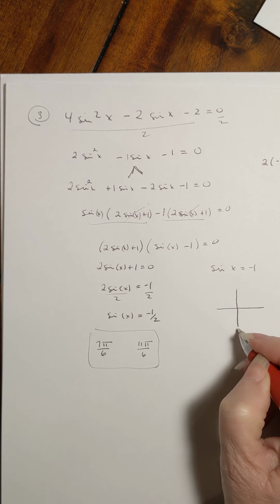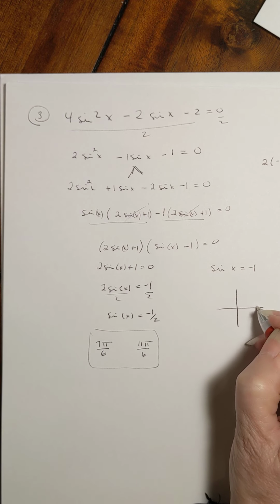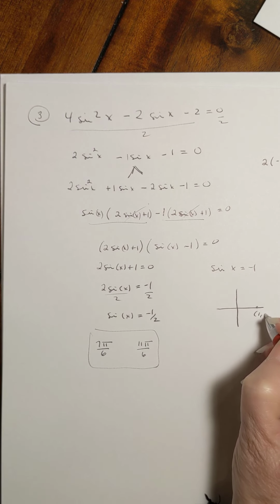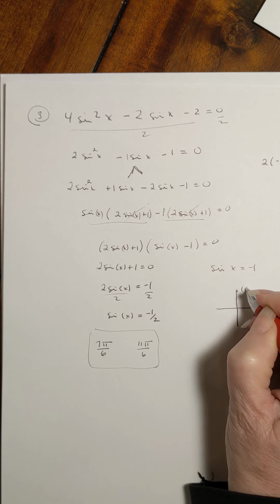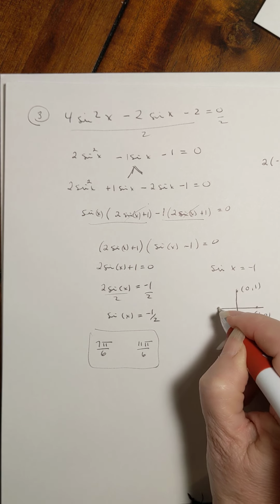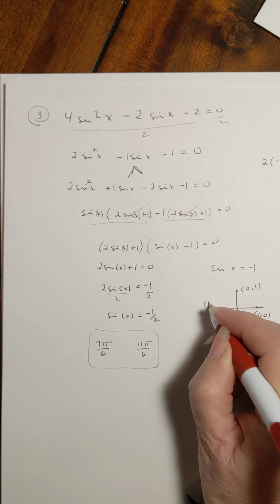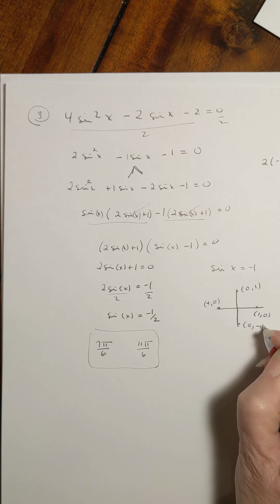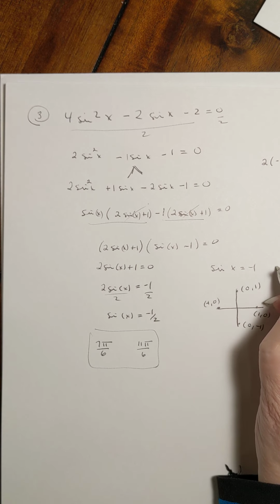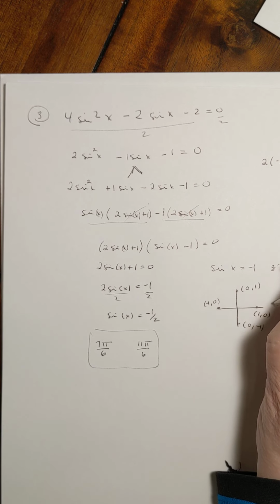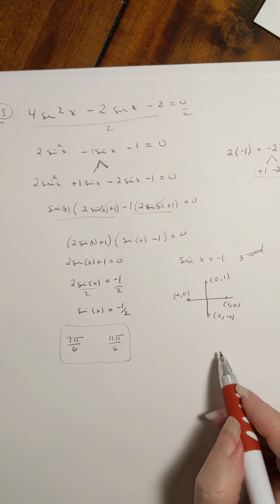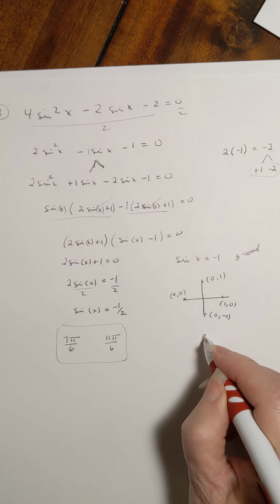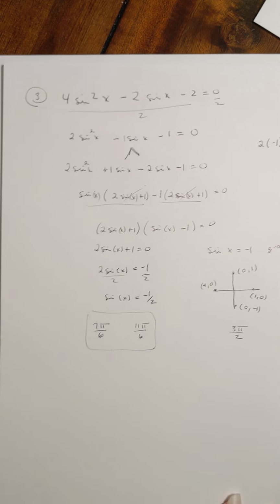And so that will become, and again, on the unit circle, 1, 0 over 0 up 1 over 1, negative 1 up 0, and over 0 down 1. And so where is the y coordinate equal to negative 1? That would be here at 3 pi over 2. All right?